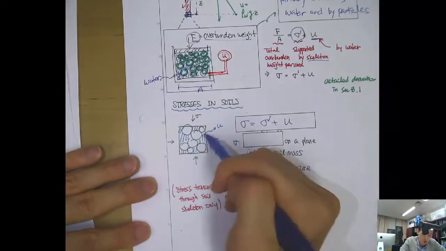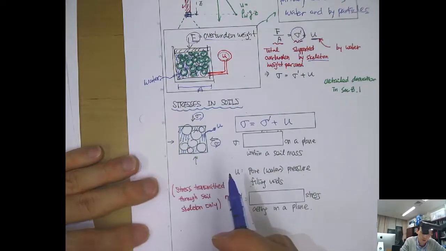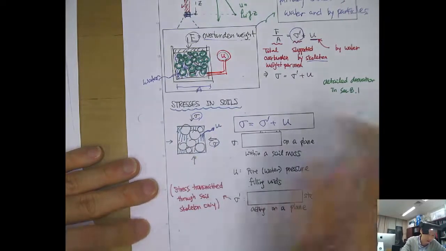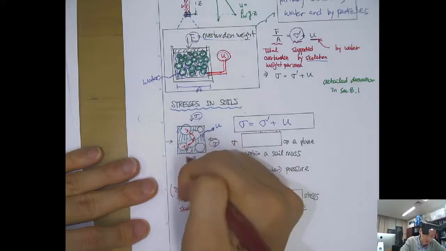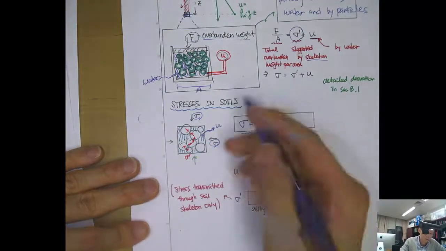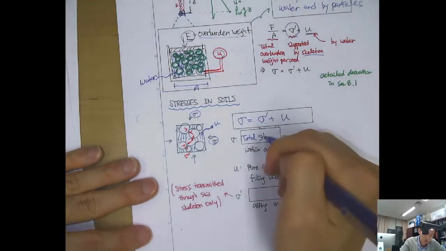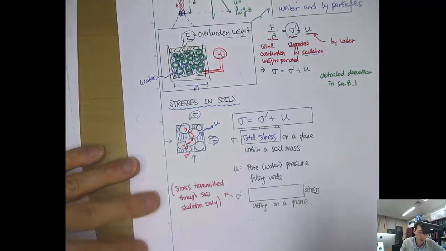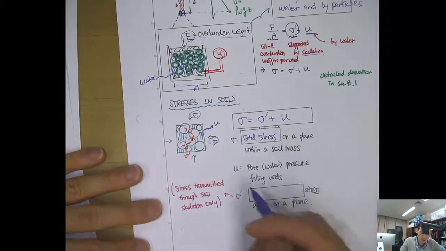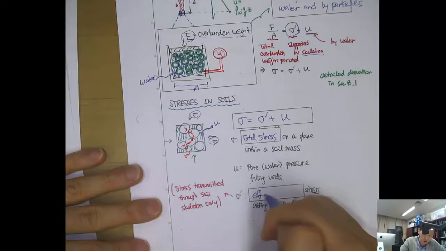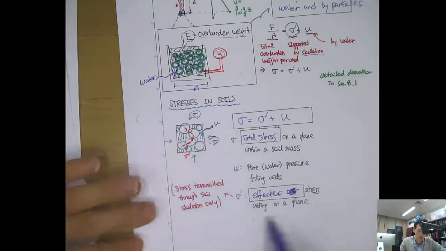You can see that the water pressure is u, and there's an overburden stress, and inside you have the effective stress, sigma prime. So sigma is the total stress on a plane within a soil mass, u is the pore water pressure filling the void, and sigma prime is called the effective stress acting on a plane.